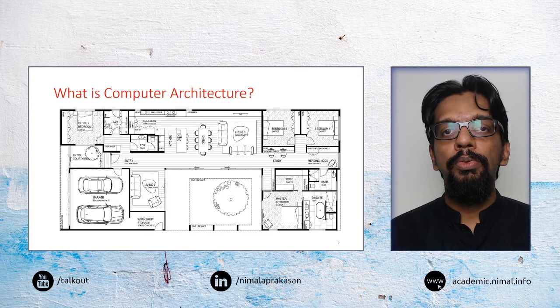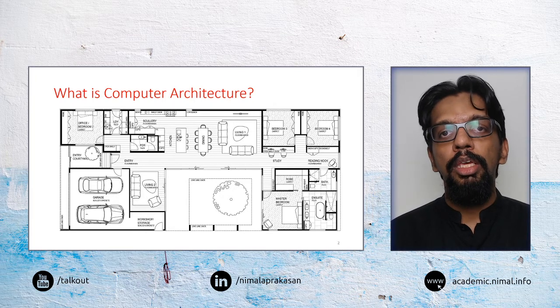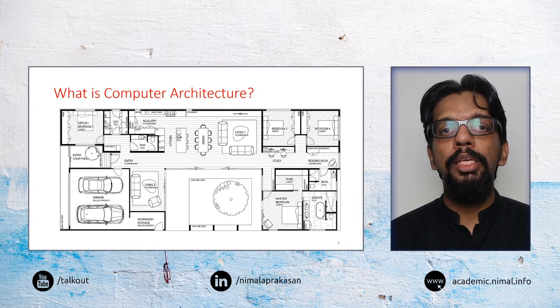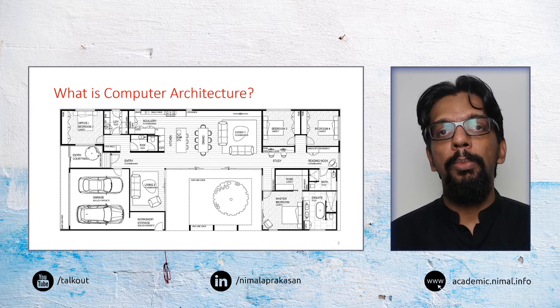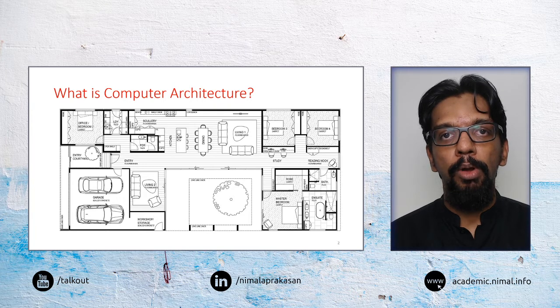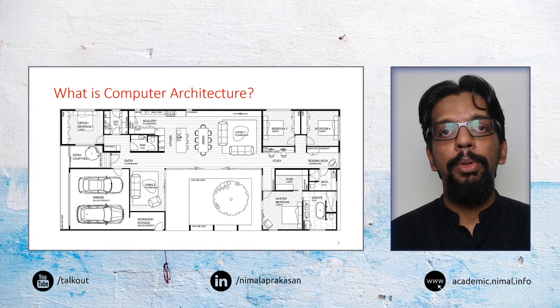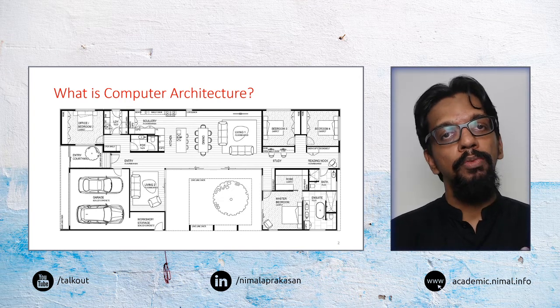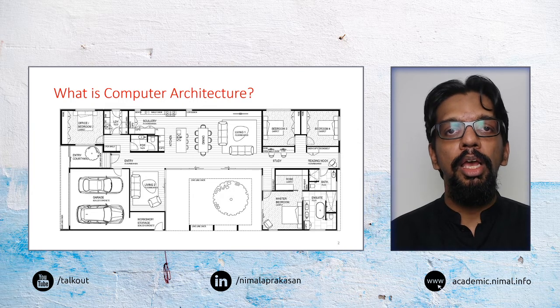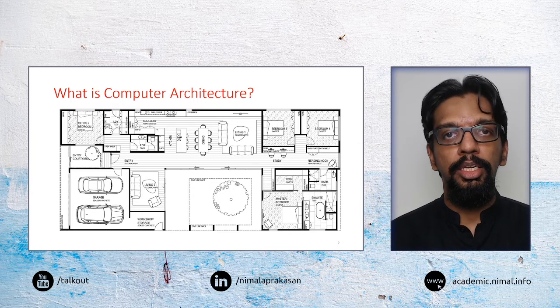And in the context of computers, and when we think about computer architecture, here also we are talking about something similar. We are talking about what are the basic building blocks within that system. In the case of a building, what are the different rooms, what are the different walls, what are the different elements that are there. So that is the architecture.